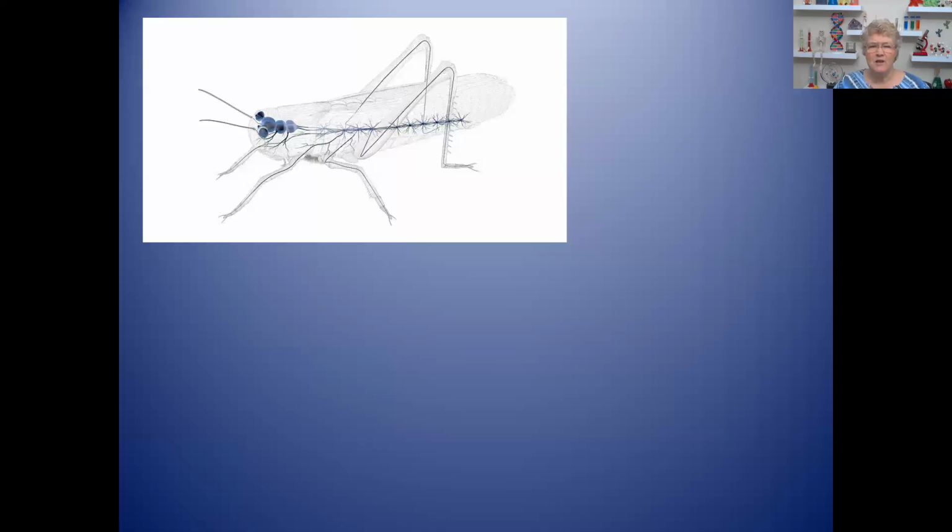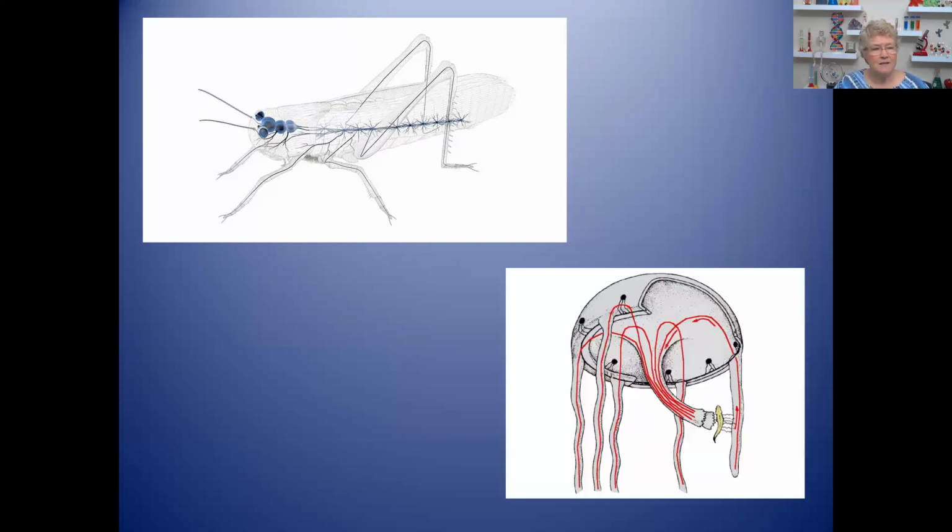Do you think a jellyfish has a nervous system? Hold on just a second. Yes, it does have a nervous system. You can see in red right there, that is the nervous system of the jellyfish.